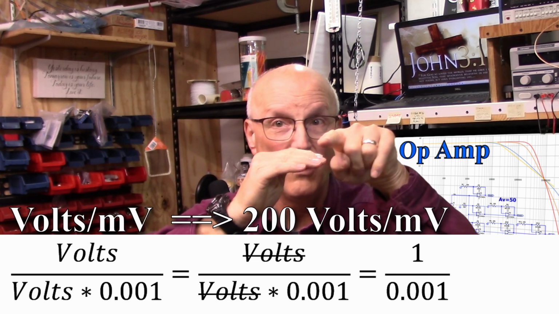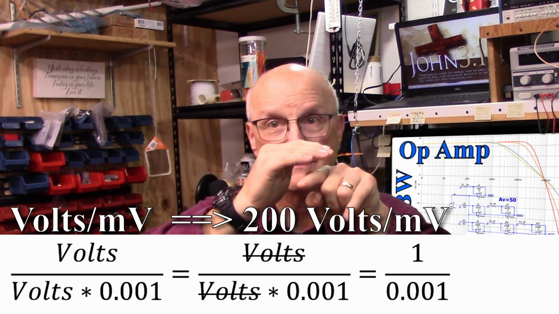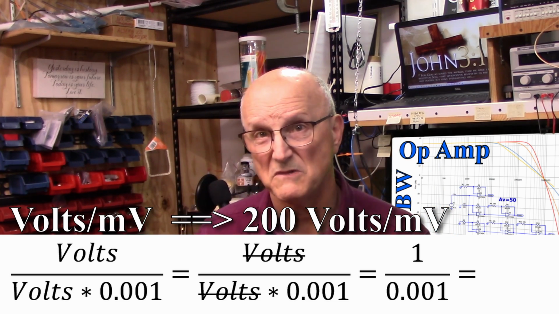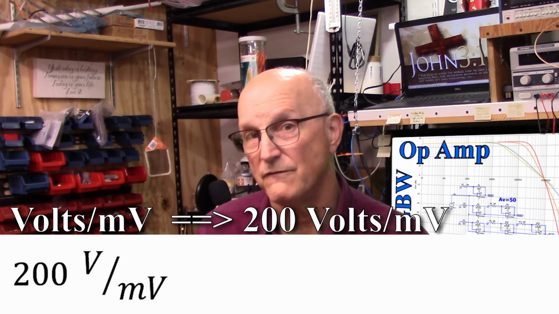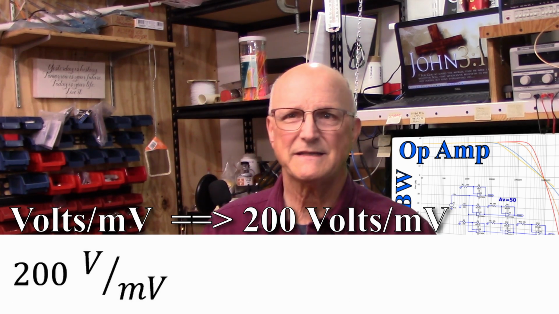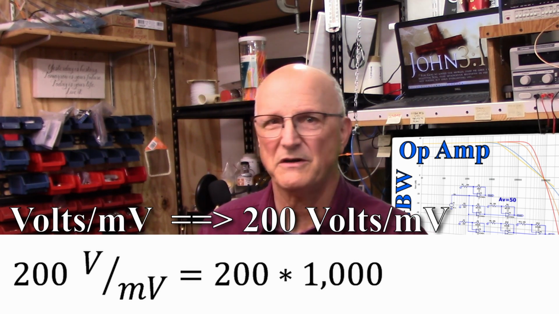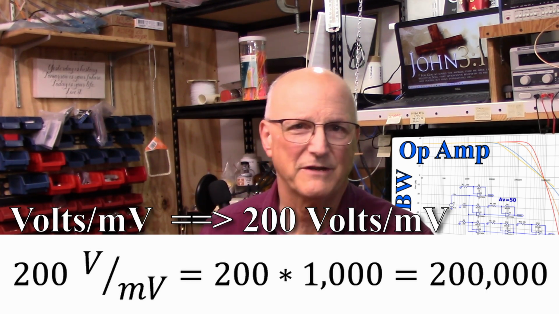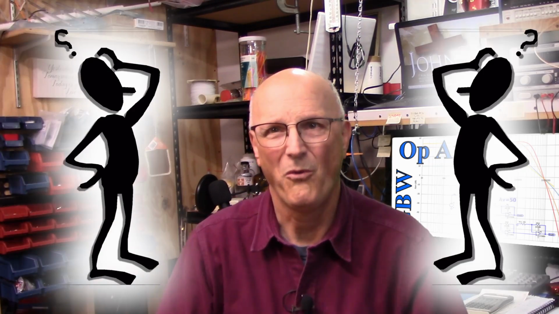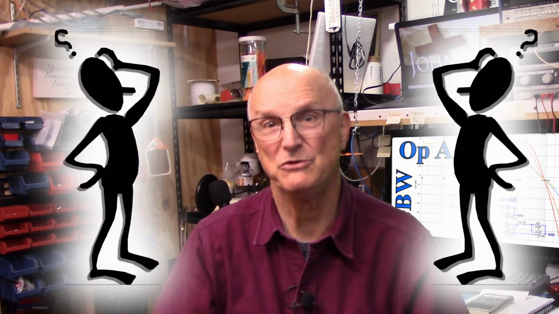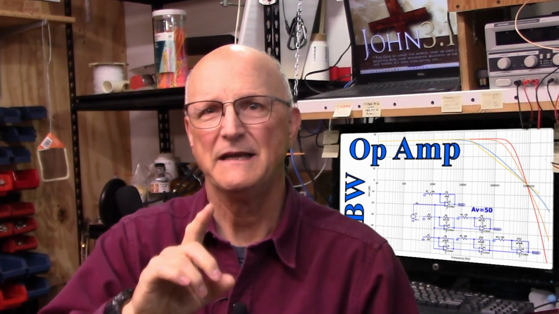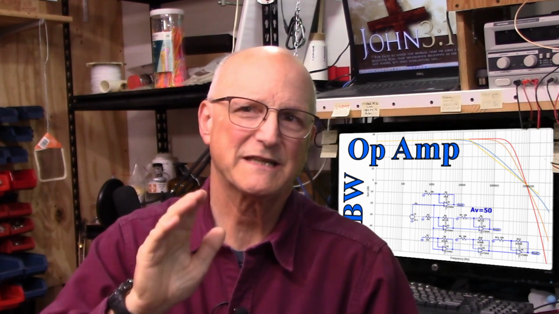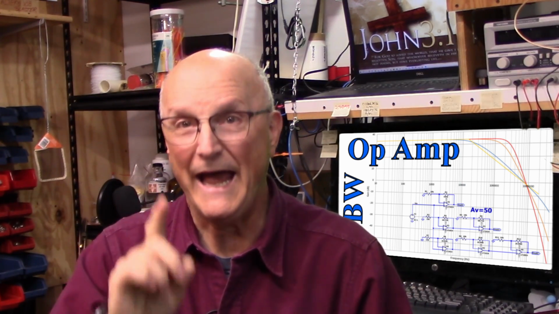So we're left with 1 divided by 0.001, which is 1,000. So if they're telling you that it is 200 volts per millivolt, this is the same as saying it's 200 times 1,000 or 200,000. So why don't they just say that, 200,000? Who knows? This tells us that we cannot attain a gain in any single gain stage which exceeds 200,000 at DC.